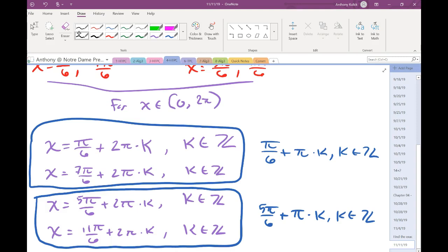Anybody want to venture a guess as to knowing when this is going to happen? When your two answers can condense down into really just one answer? In looking for solutions over the entire real line, like we are here. I could tell right away at the start of the problem.